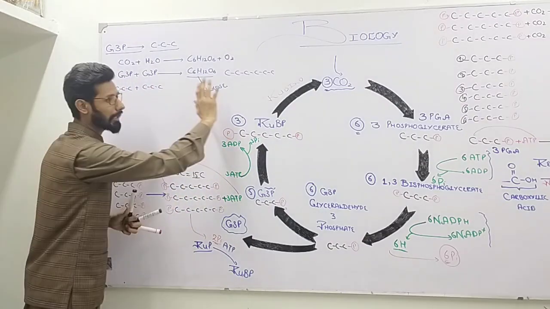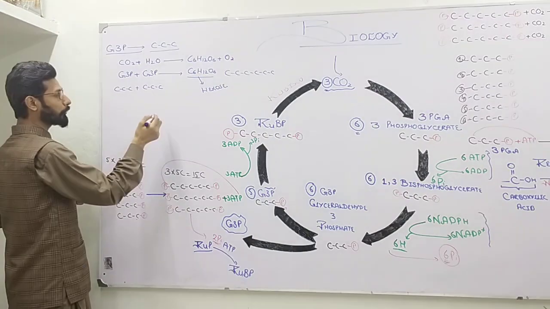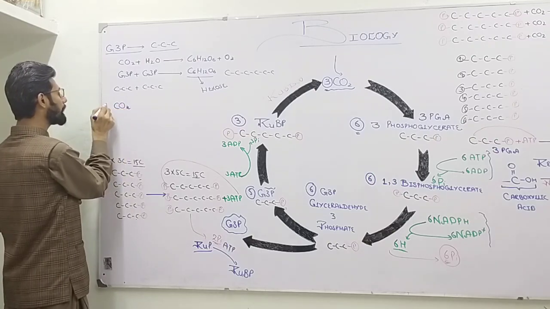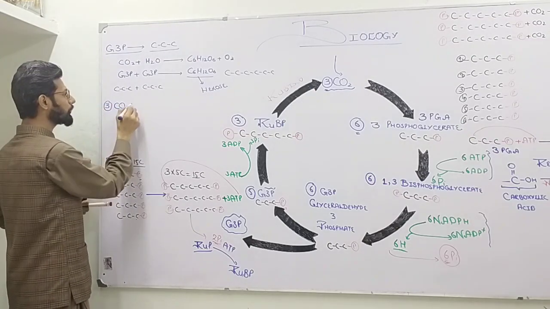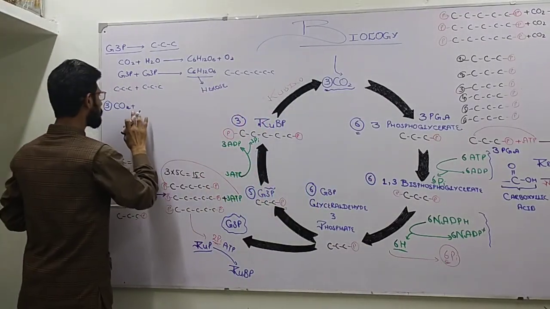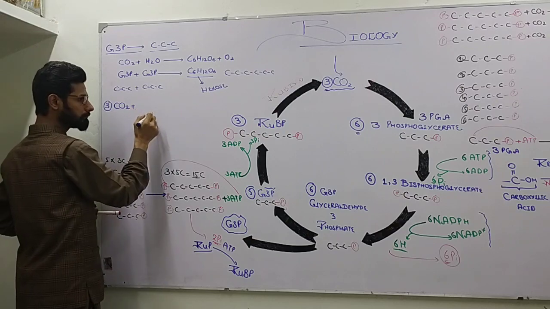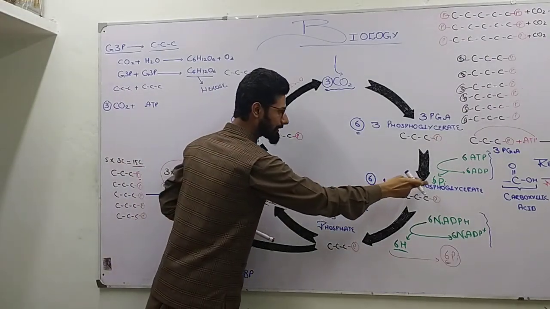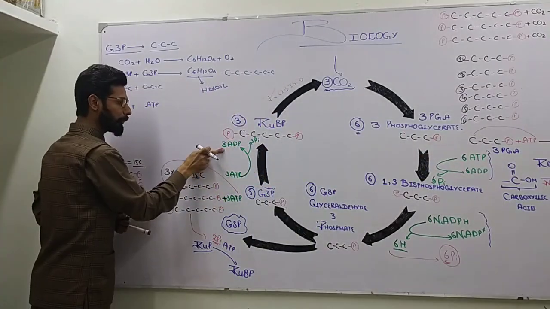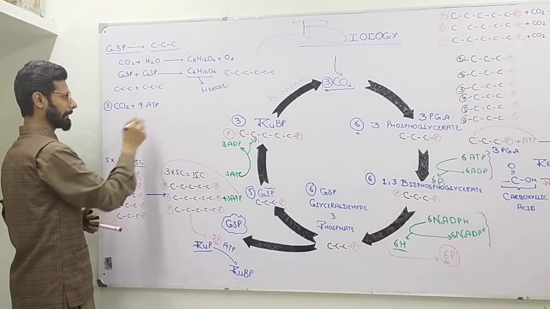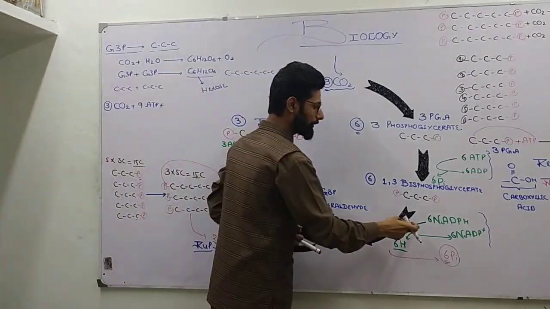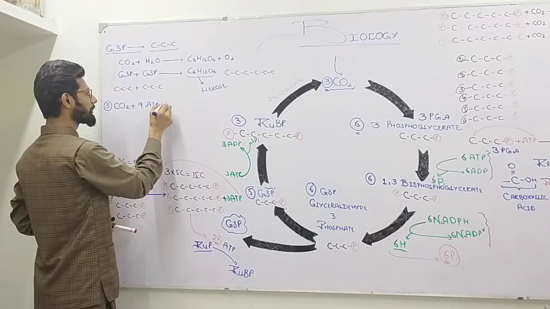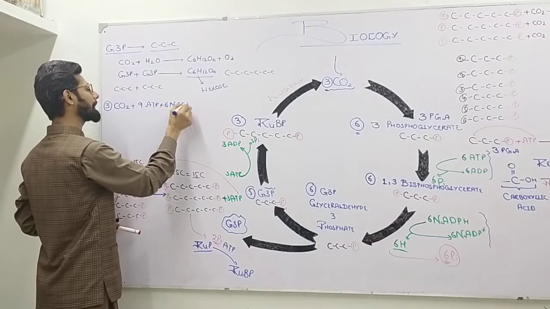So let's count. We have introduced 3 carbon dioxide molecules and ATP. How many ATP have we introduced in this cycle? 6 ATP and 3 ATP, total 9 ATP. And the last thing we have introduced in this cycle is 6 NADPH for this reduction into sugar.